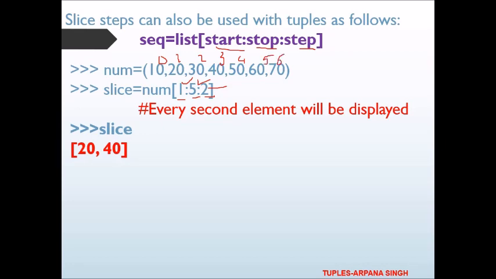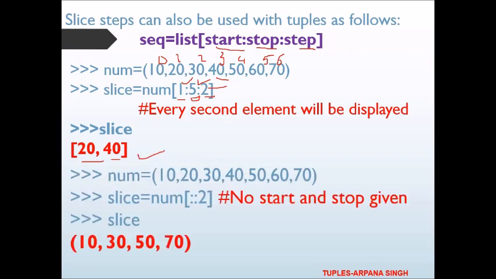So index 1, that is 20, then plus 2, that is index number 3, that is 40, plus 2, that is index number 5, but here you have to take only up to 4, so it will display only these two elements.